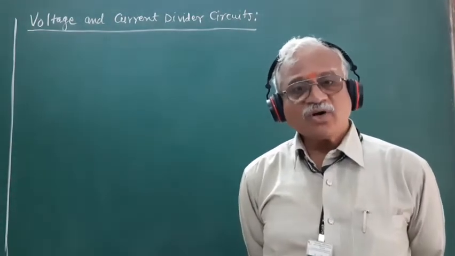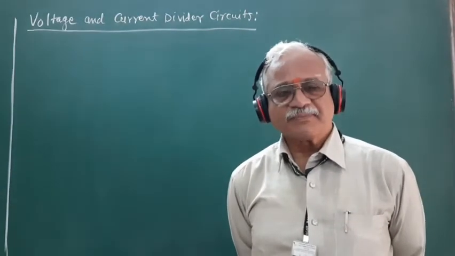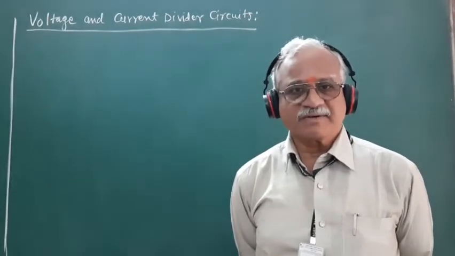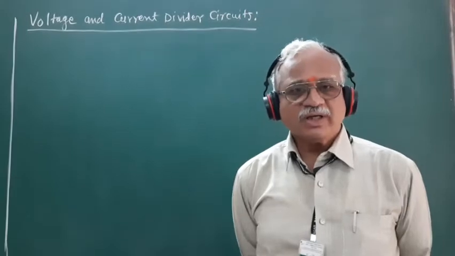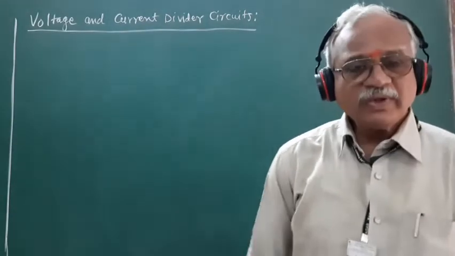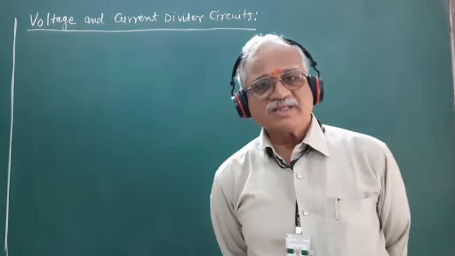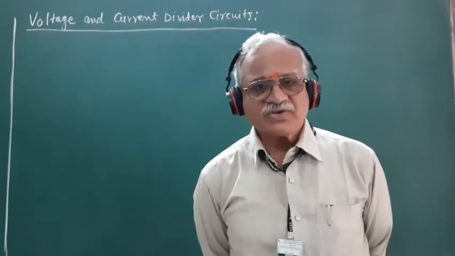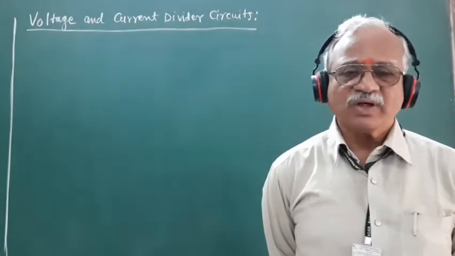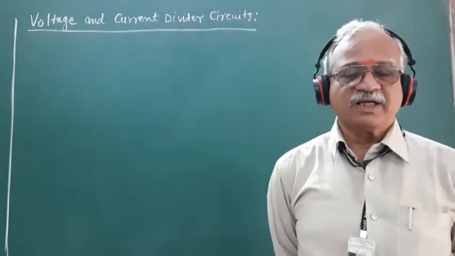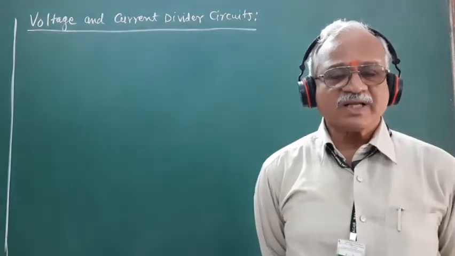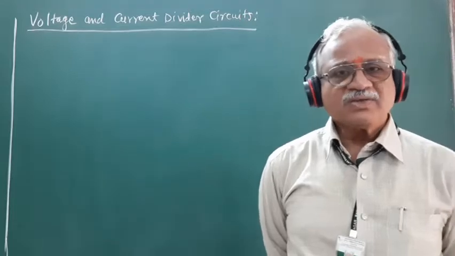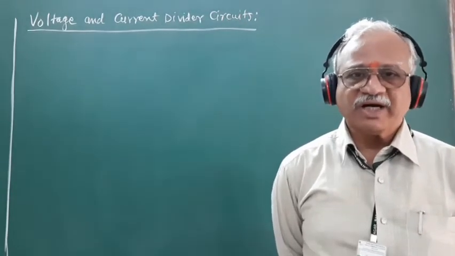The potential drop across each resistor depends on the value of that resistor. Such a combination of resistors is called the series combination, and since the voltages are distributed amongst the different resistors connected in the series circuit, it is called a voltage divider circuit.